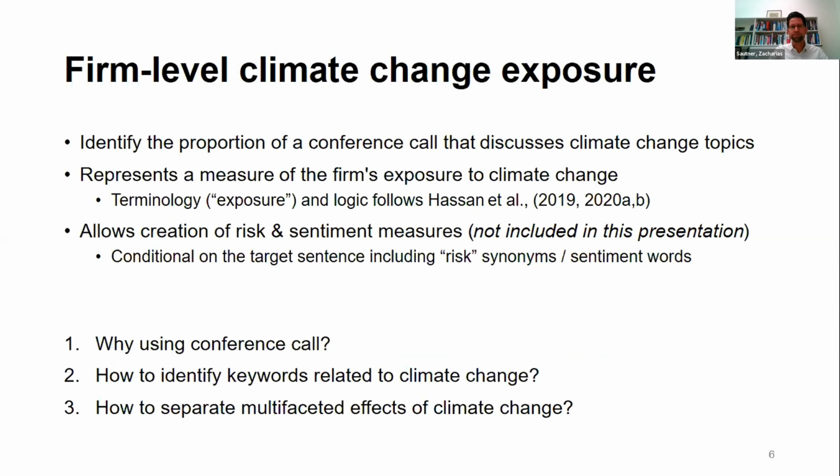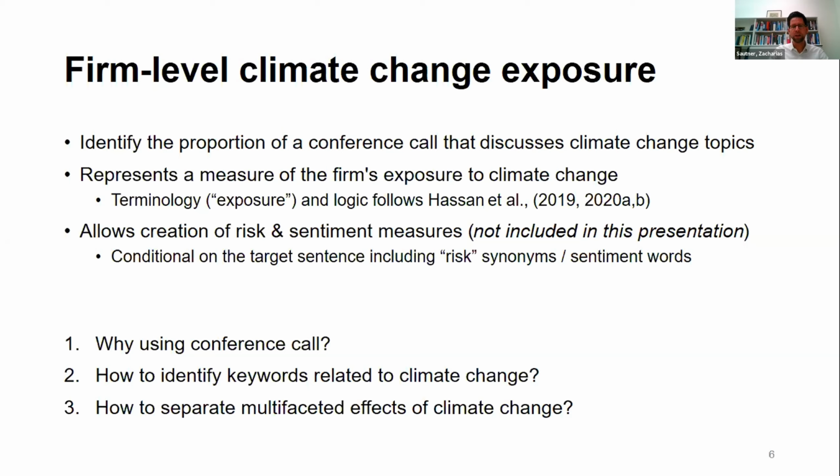Now, the terminology, especially the term exposure, not to be confused with how we think about exposure traditionally in finance, is consistent and follows the logic of a paper by Hassan and co-authors, and one of the co-authors is Lawrence, my co-author on this paper. For example, Hassan et al. 2019 is a paper in the QJE where they use a similar methodology in order to create a measure of political uncertainty at the firm level.